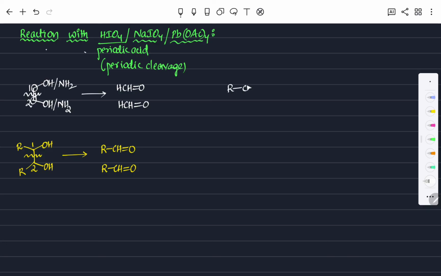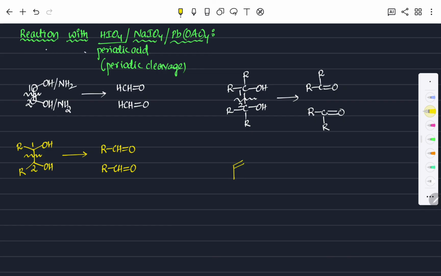Suppose the structure has two tertiary alcohols, first carbon and second carbon, a 1,2-diol. In this case also, we have to break the C-C bond. The first carbon undergoes oxidation, the second carbon also undergoes oxidation, so both will be converted into ketone.